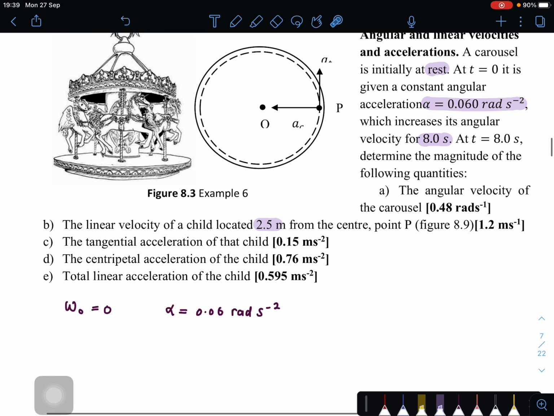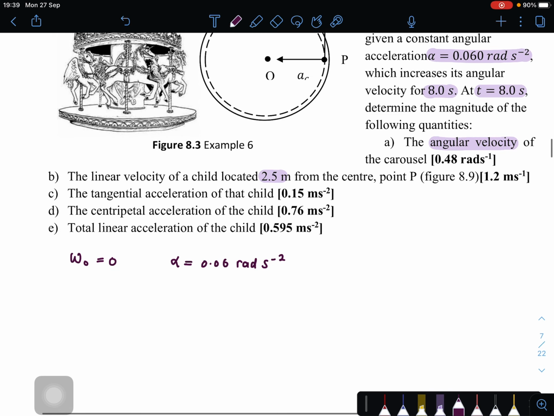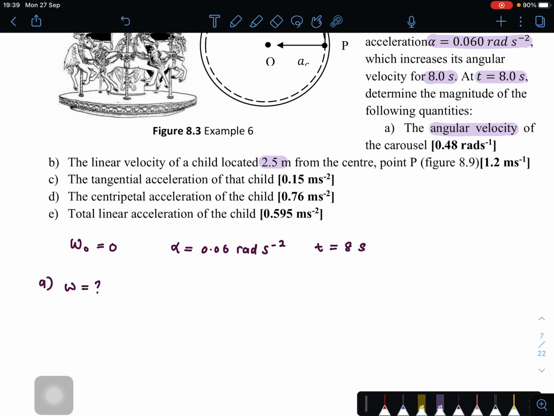So, dia minta dekat sini, at t is equal to 8 seconds, what is the angular velocity? So here we are given condition, okay, 8 seconds. We want to find the angular velocity. So this one kita assume dia adalah final velocity lah, final angular velocity, which is selepas 8 second.